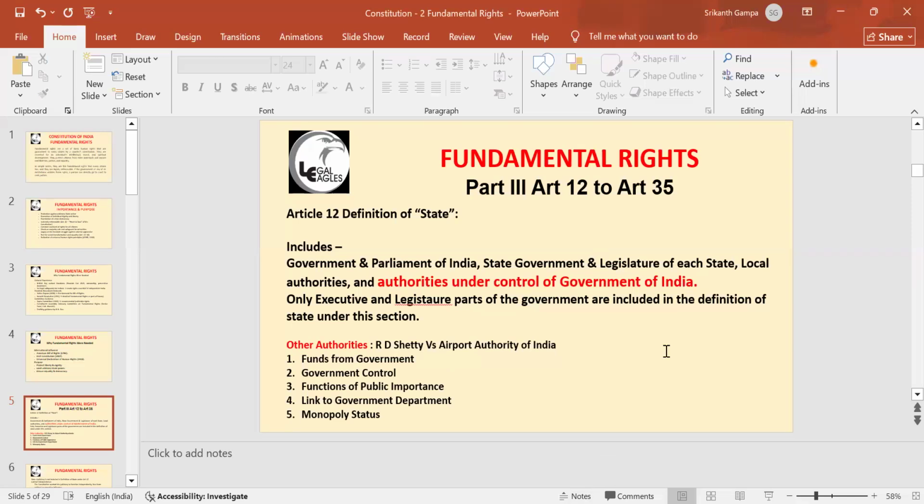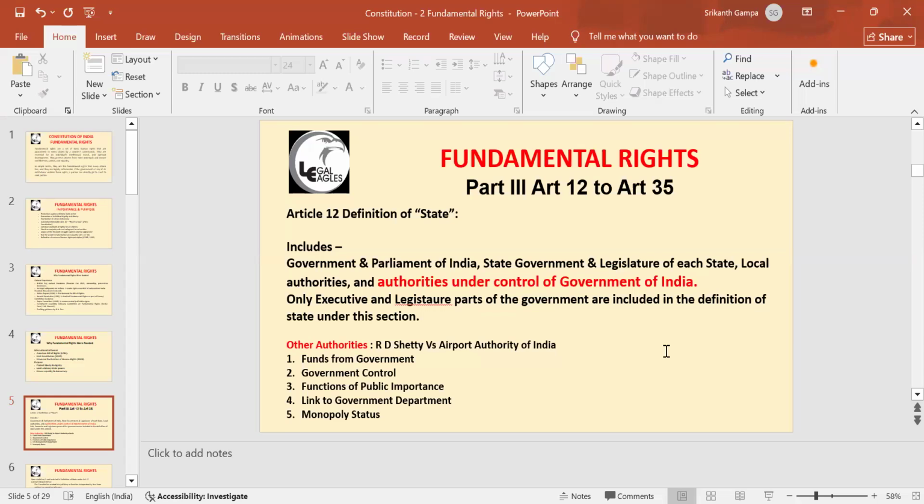I'll talk about that in the following part. So executive is there, legislature is there as part of the government, but the judiciary is not included in the government. Central government, legislature and executive, state government, legislature, executive, local bodies, that is municipalities and panchayats, and authorities under the control of the government of India.